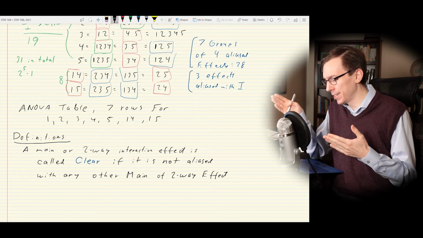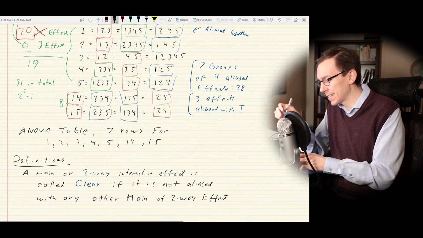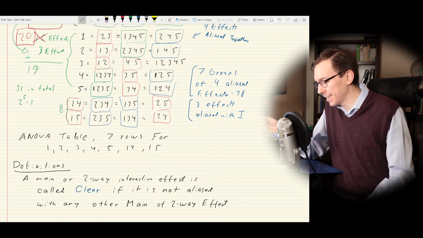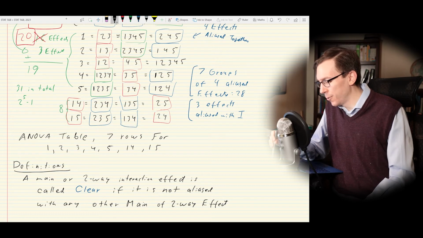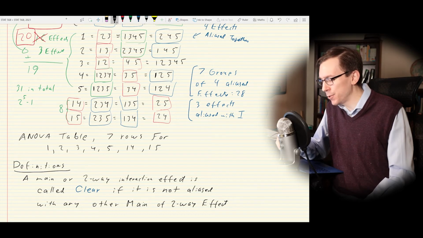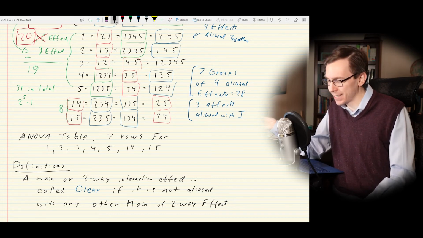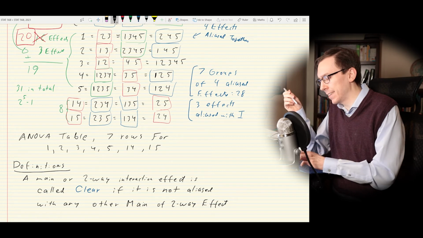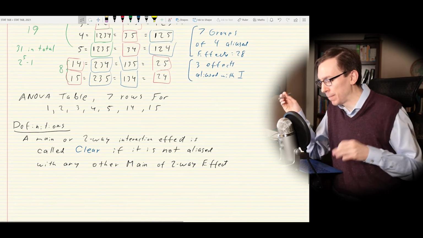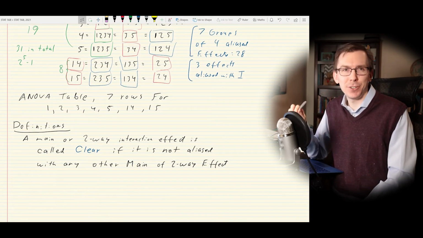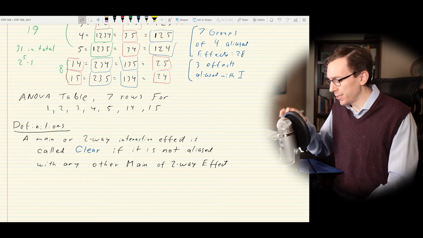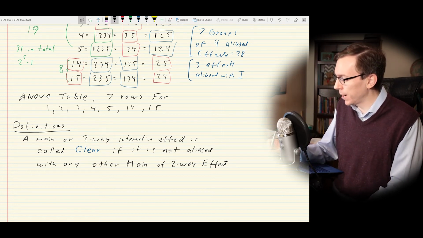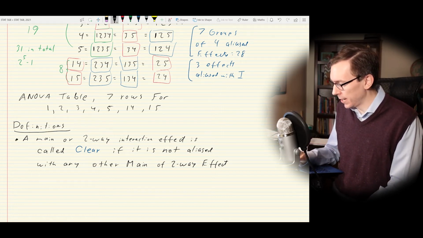This would be called clear. In the case of the design up here, nothing is clear because we have one-way main effects aliased with two-way effects, and down at the bottom, the last two rows have two-way effects aliased with two-way effects. So in this case, none of these would be clear, but that's okay. I think that's the best you can do for a 2 to the 5 minus 2 design, but it is a criterion that is worth noting.